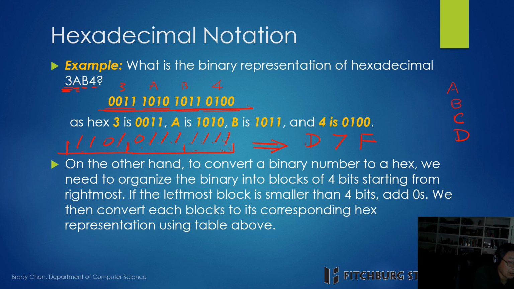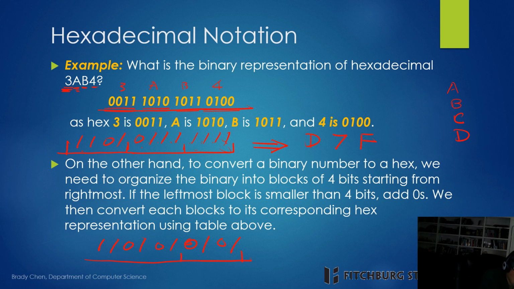Okay. Now let's take a look at another example. So let's say 1101010101. Let's take a look at this. We just divide this binary number into blocks of 4, starting from the right.